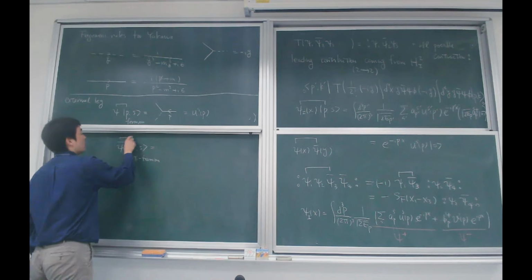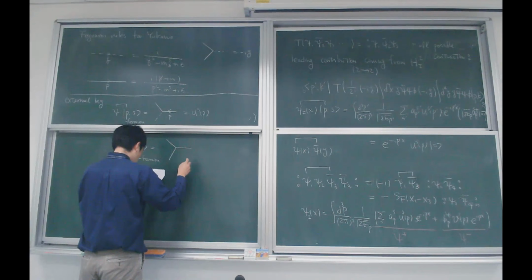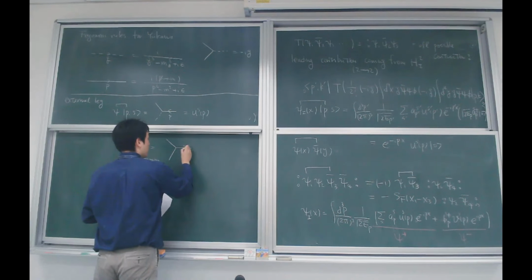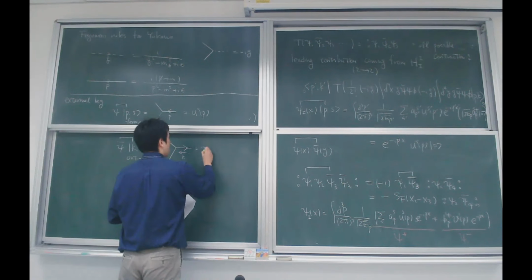If you contract the anti-fermion, you have this kind of vertex, and then this is equal to this.